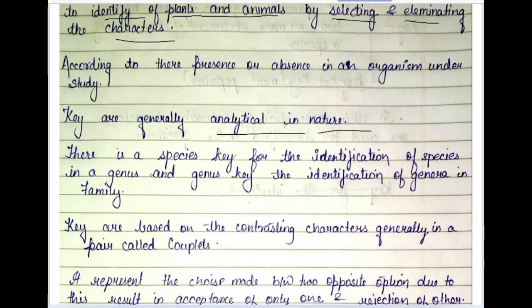If I want to choose option A, I can go with option A, and if I want option B, I can go with option B. There is a species key for the identification of species in a genus, and a genus key for the identification of genera in a family.